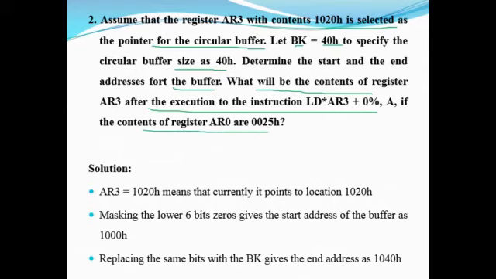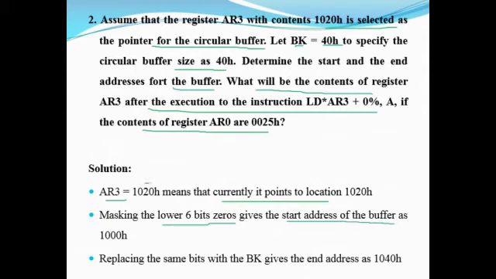AR3 content is 1020H, which means it is currently pointed to 1020H. Then masking the lower 6 bits gives the starting address of the buffer. So we are going to mask the last 6 bits, the lower 6 bits, so that they are made zeros, which gives us the starting address of the buffer.